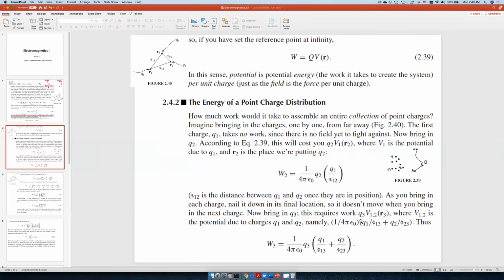Also, you get the potential superposed by Q1 and Q2. So the work to assemble the third charge from infinity to the position is shown here: 1 over 4 pi epsilon 0 times Q3, then Q1 over R13 plus Q2 over R23.